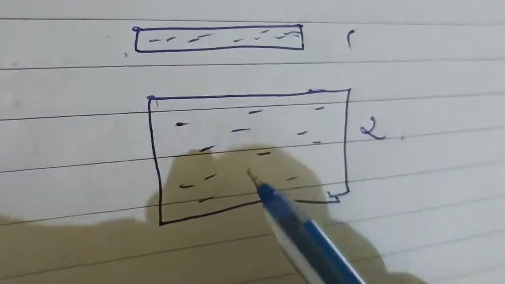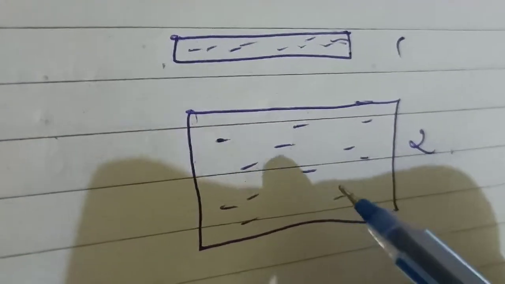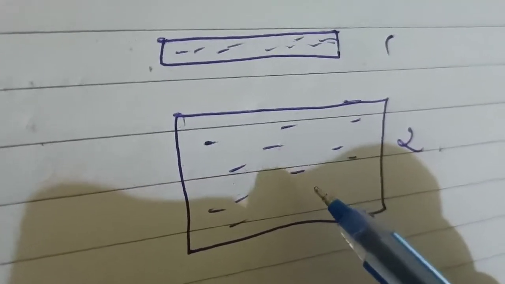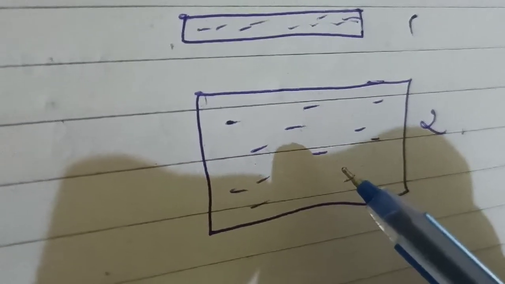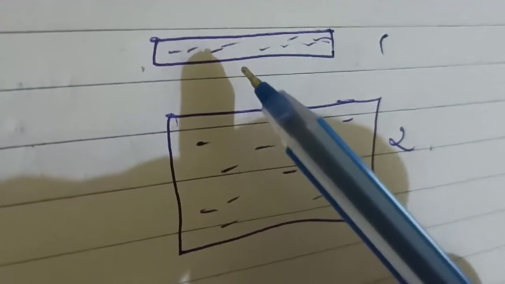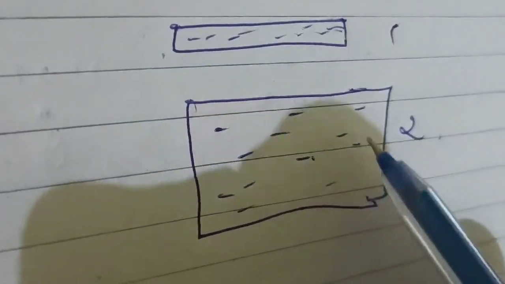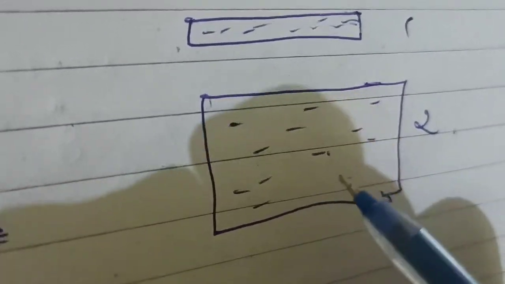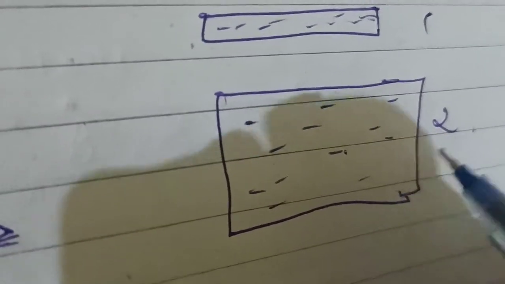The same thing applies to a conductor. Obviously in the second one there is more space for the electrons to flow, whereas in the first case there is less space. As the cross section increases, the space for electrons to move increases.